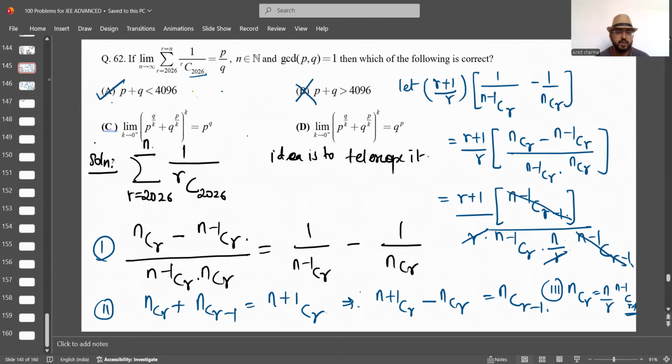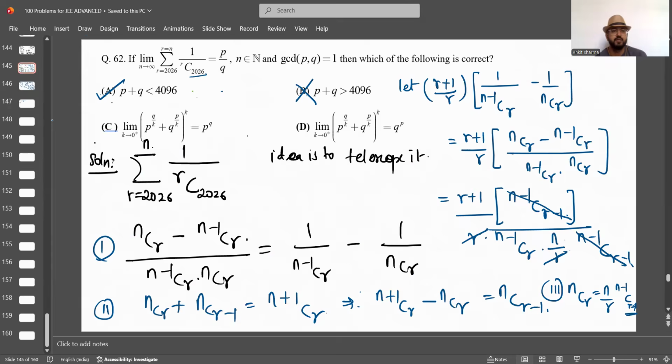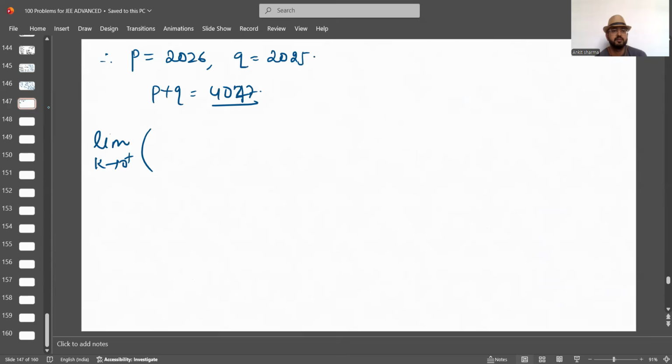And now look at this one. So limit k tends to 0 plus p to the power q over k. My goodness. Okay. So p to the power q over k. So let's write down. So limit k tends to 0 plus, we have here p to the power. P is 2026.